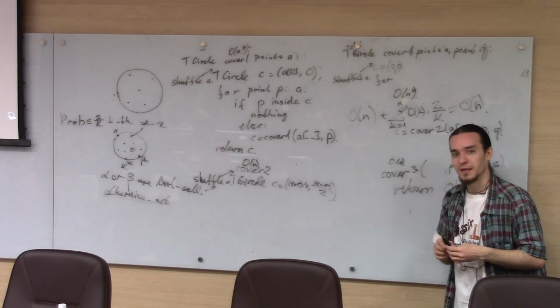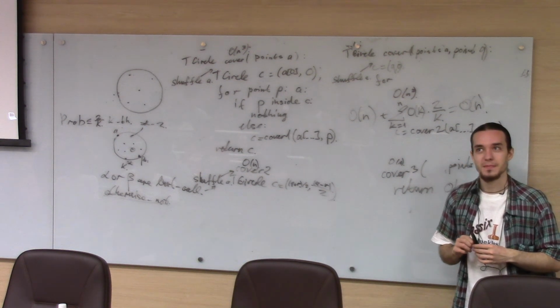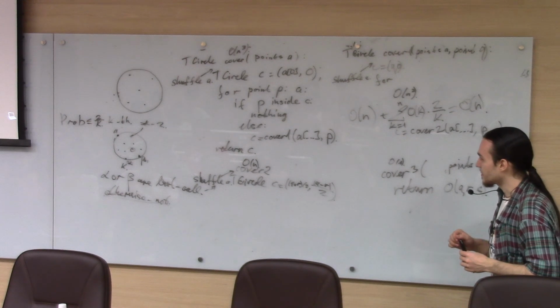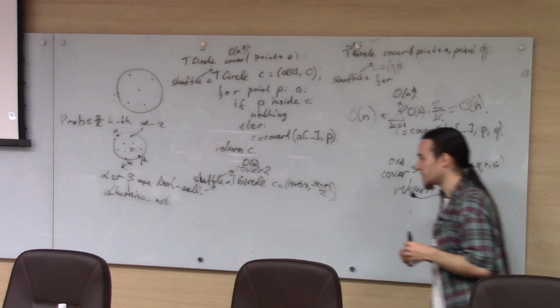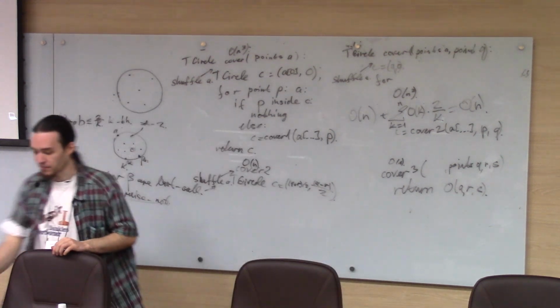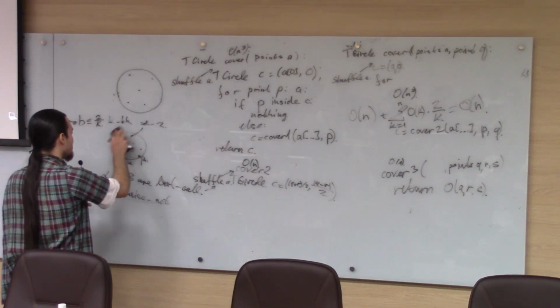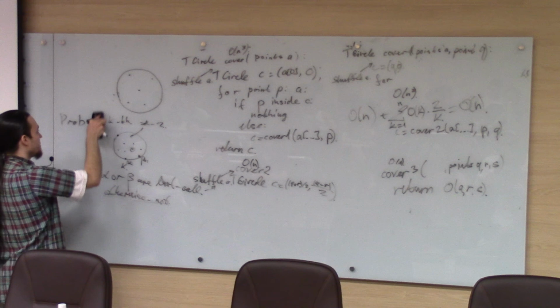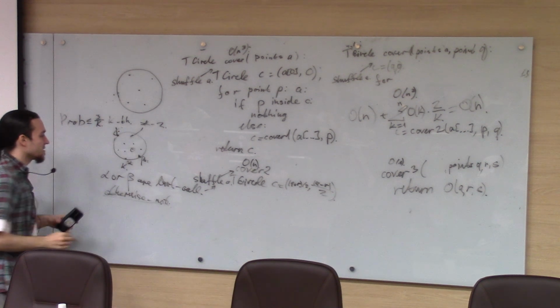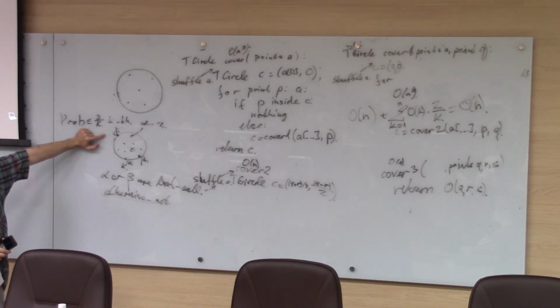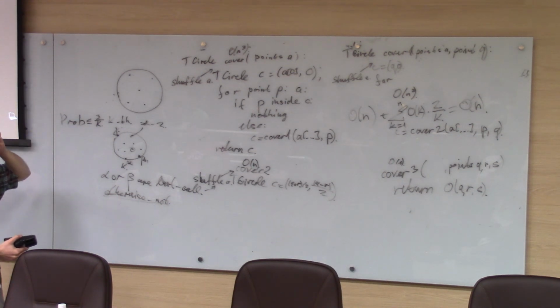And to analyze the first function, we basically have to do the same thing, except that now the probability will be 3 over k instead of 2 over k, because we have 3 candidates for the last points that will trigger the reconstruction of the circle.